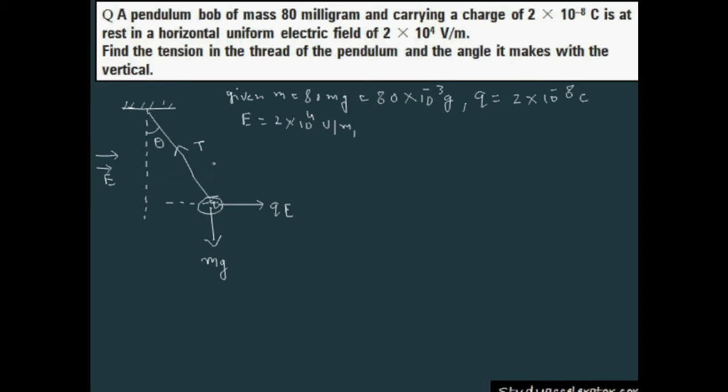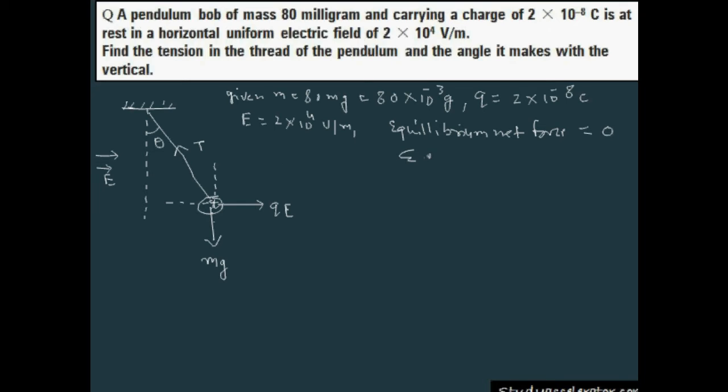Due to this electric field, the bob shifted and is balanced by these three forces. In equilibrium, the net force on the bob will be 0.